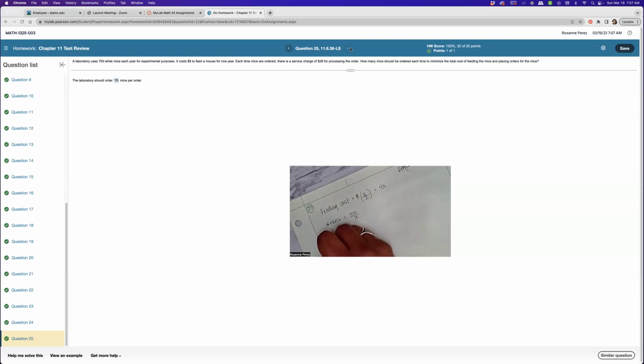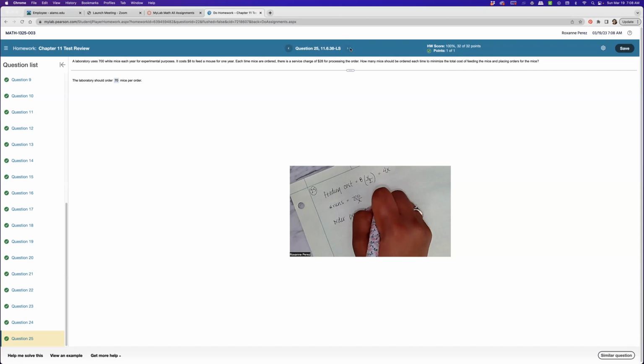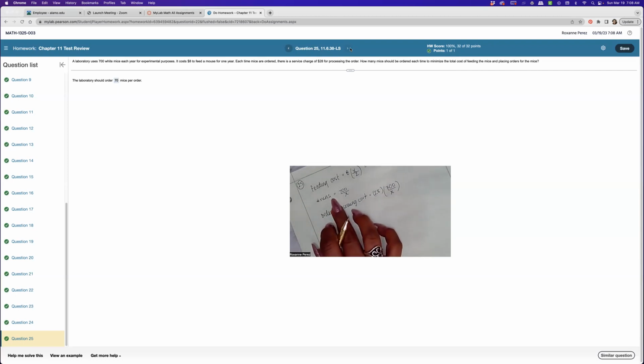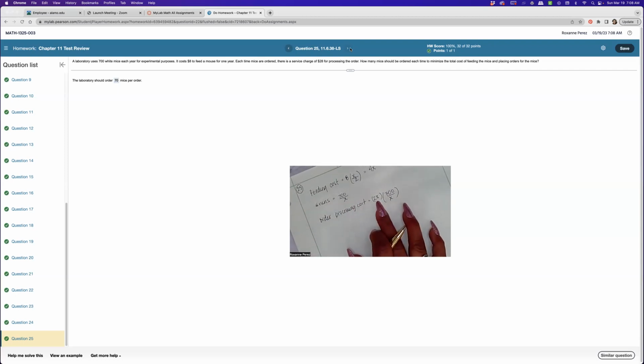And then your order processing cost is, let's see, it was $28 times your demand divided by quantity per run, your number of runs. Okay, so the price to process an order times the number of runs.